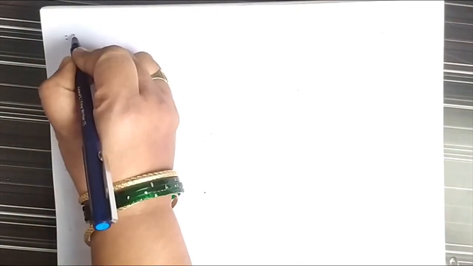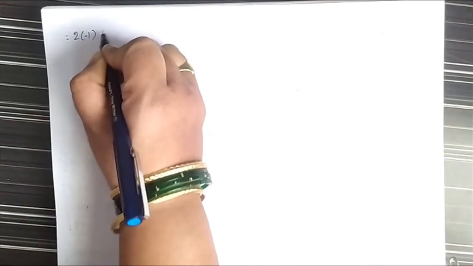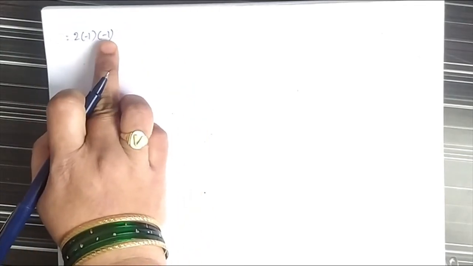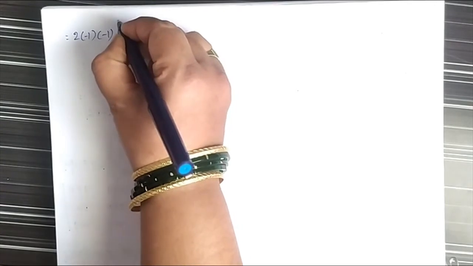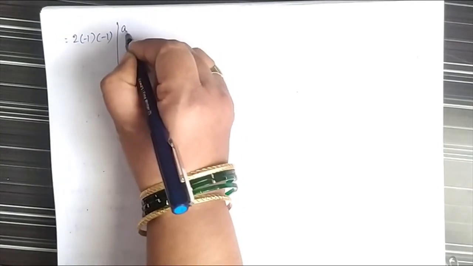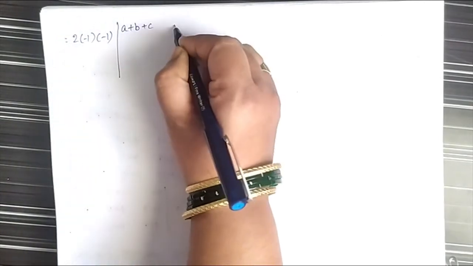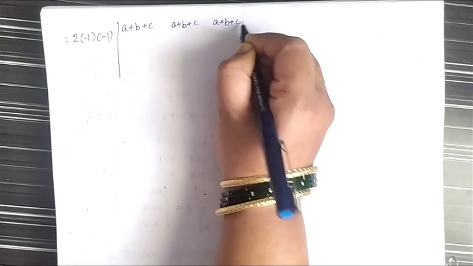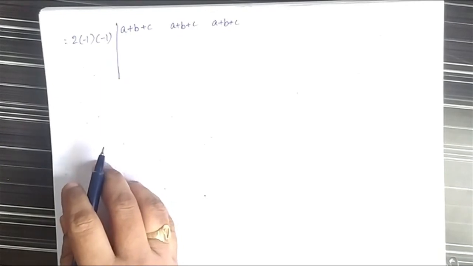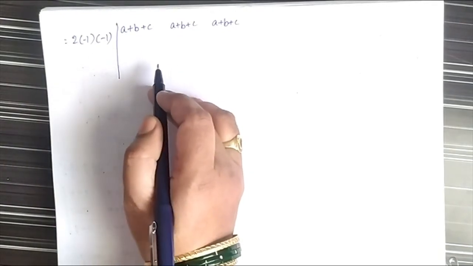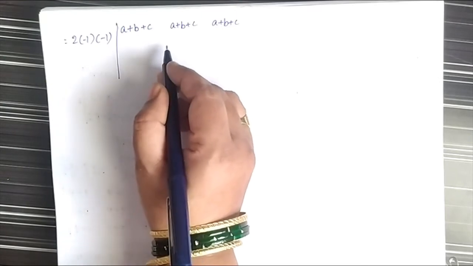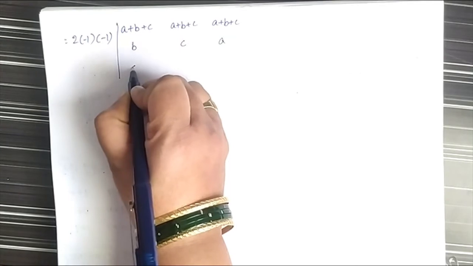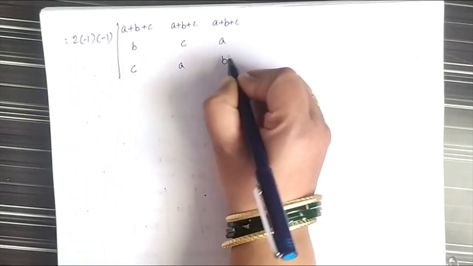That is equal to 2 into minus 1 into minus 1 times the remaining determinant |a+b+c, a+b+c, a+b+c; b, c, a; c, a, b|.